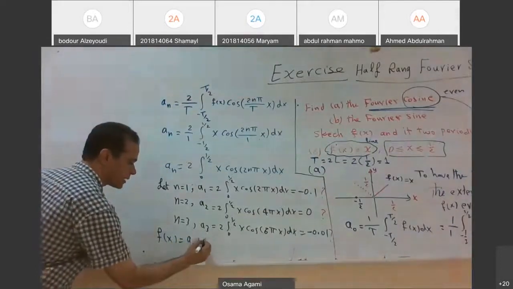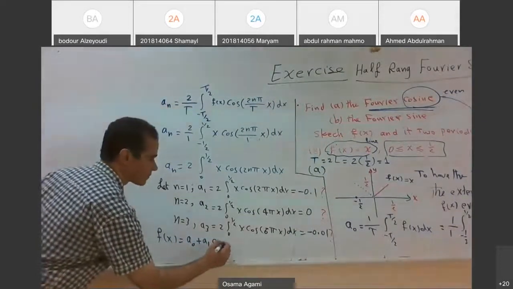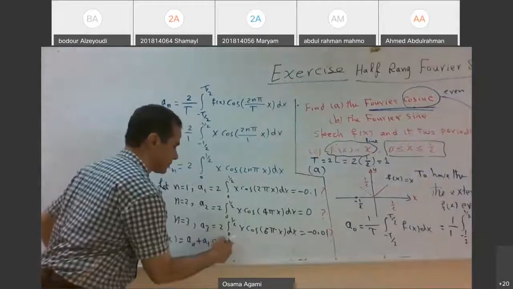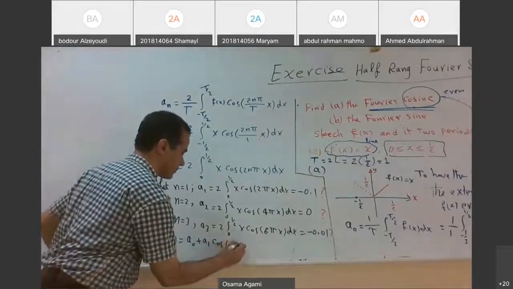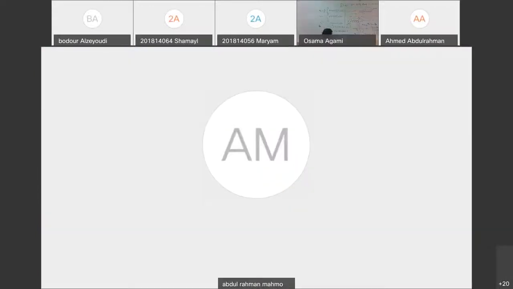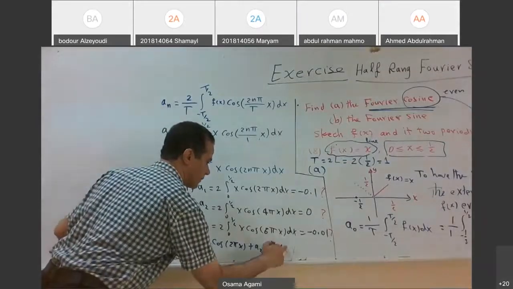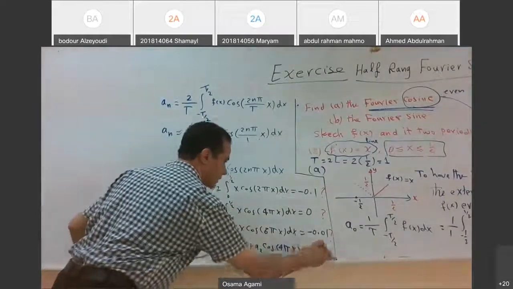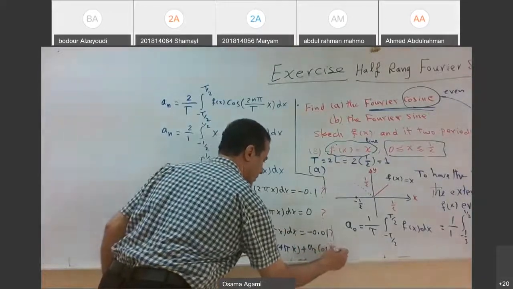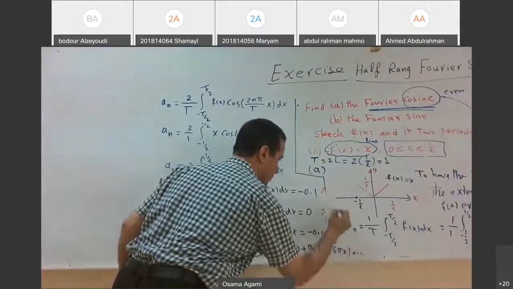Plus a1 cosine 2nπx, and n is equal to 1, so you have 2πx, plus a2 cosine 4πx, plus a3 cosine 6πx, etc.